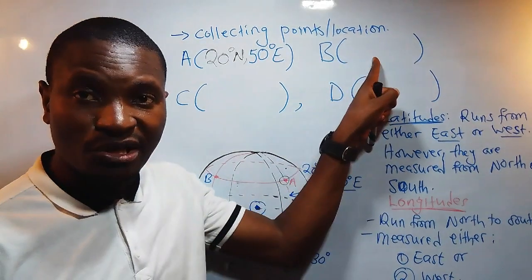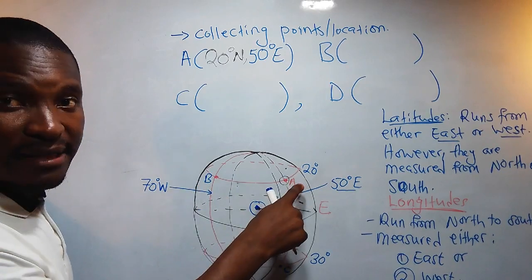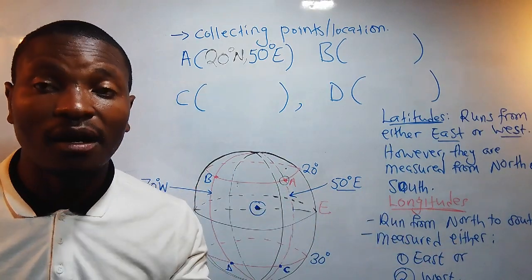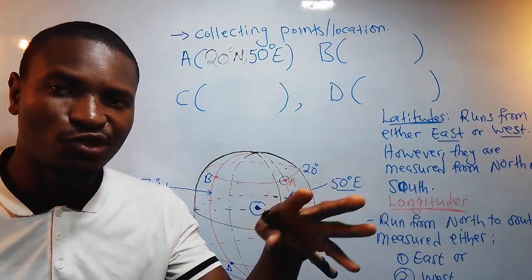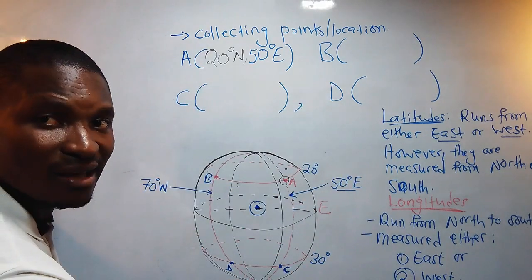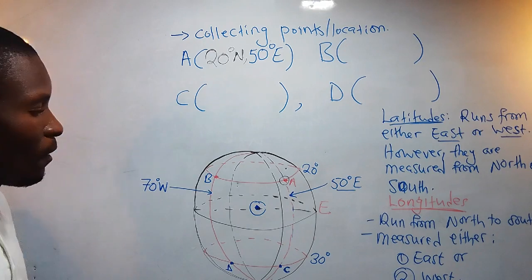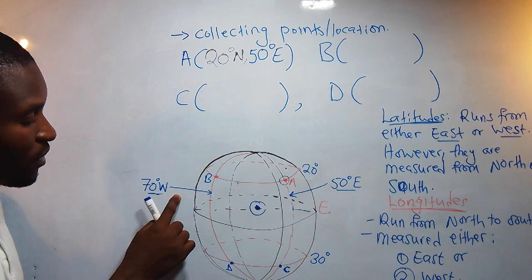And then we come to B, and that B is here. Now, when you look at A and B, they are on the same latitude, which is 20 north. And then we've got to find the longitude, because A is on the eastern part, and B is on the other side, on the western part. You can see that it's pointed at 70 west.